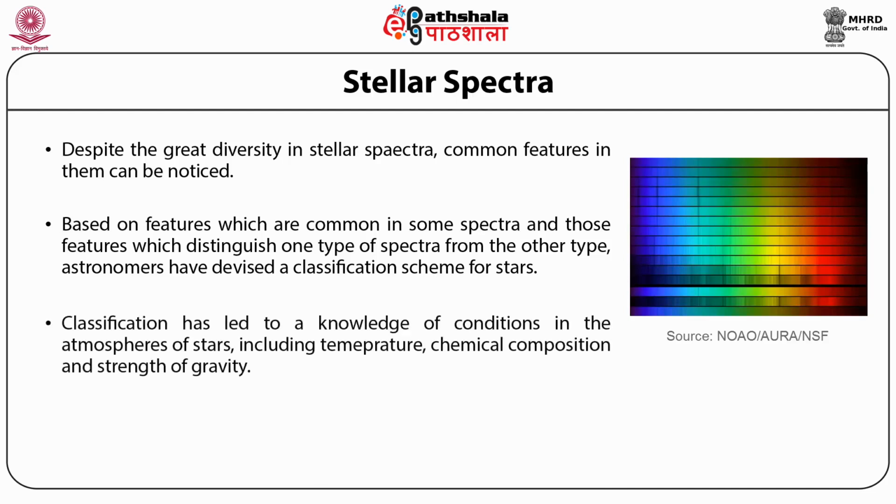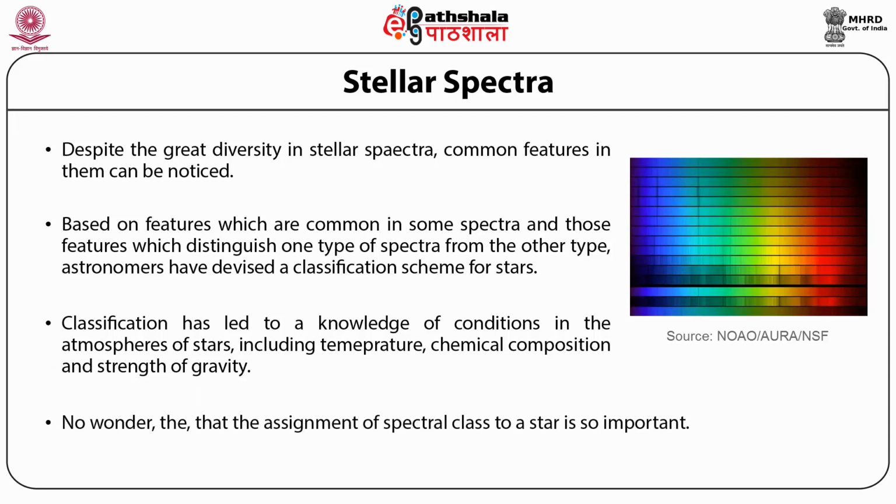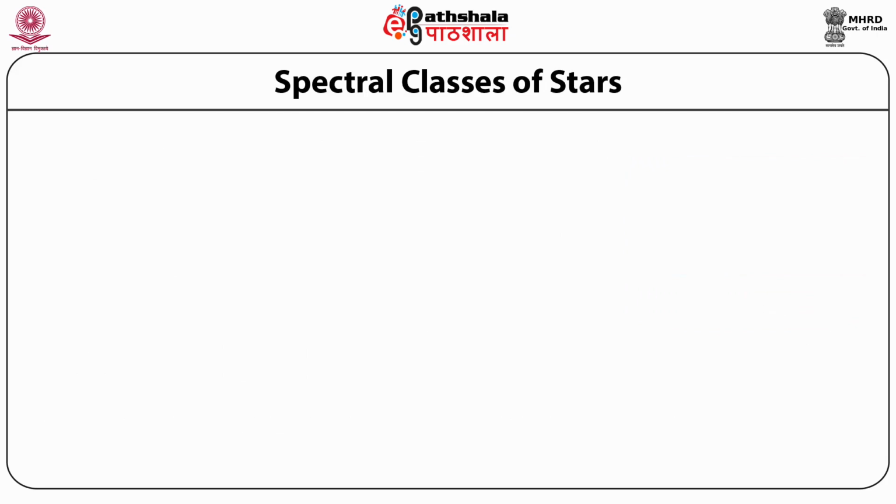Classification has led to a knowledge of conditions in the atmospheres of stars, including temperature, chemical composition, and strength of gravity. No wonder the assignment of spectral class to a star is very important.